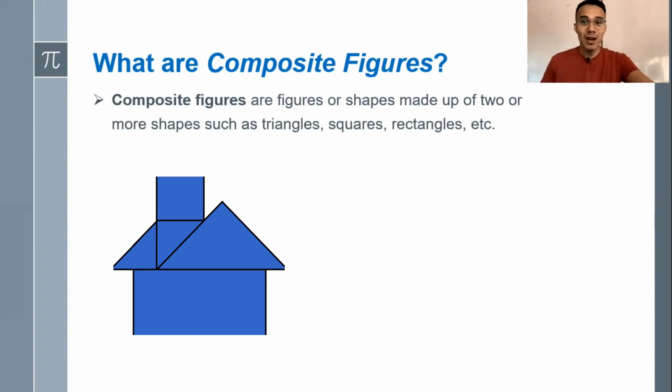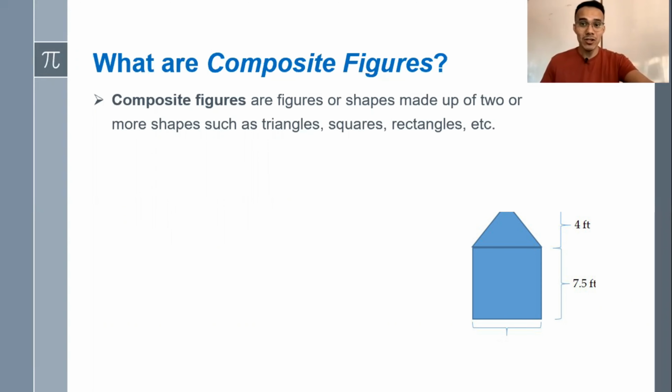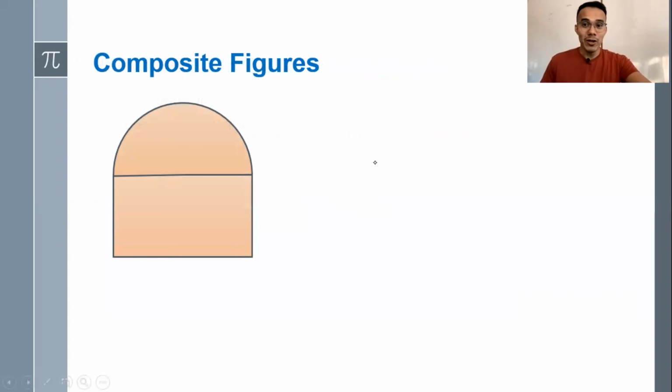Composite figures are figures or shapes made up of two or more shapes, such as triangles, squares, rectangles. We also have semicircles, quarter circles, etc. Let's go back to this figure. This is a figure composed of a semicircle and a rectangle.